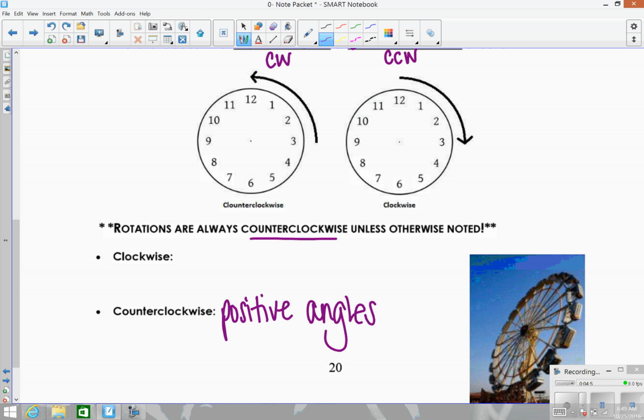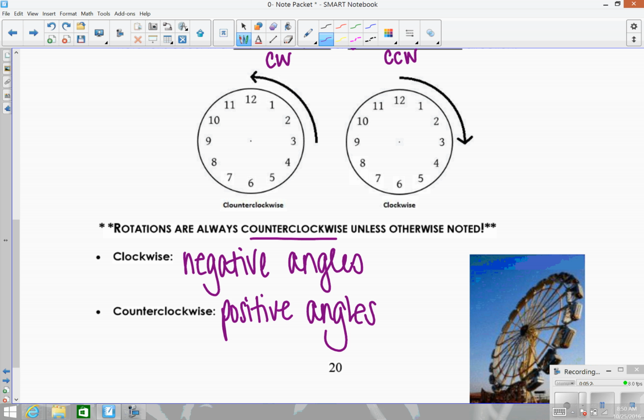Where if I say rotate negative 90, I'm talking about a clockwise motion. So negative angles. If it doesn't specify and it gives you a positive angle, you're going to assume that means counterclockwise. If it gives you a negative and it doesn't mention clockwise or counterclockwise, you assume that means clockwise. So negative is clockwise, positive is counterclockwise.